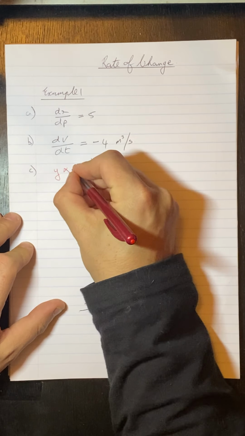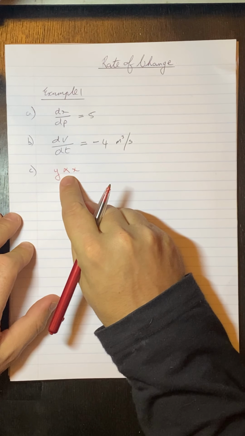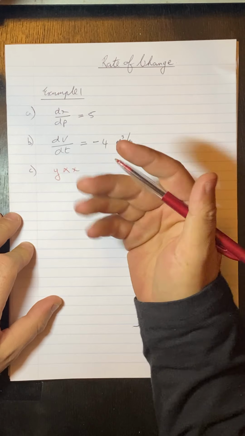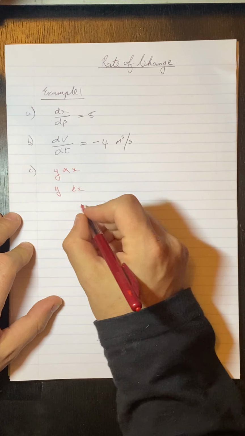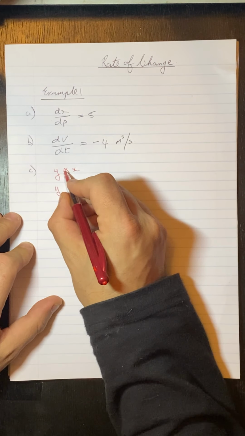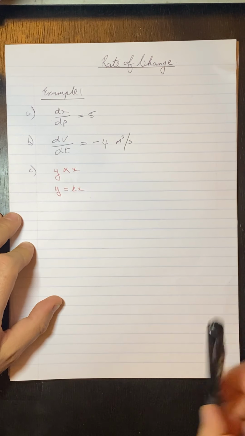So y directly proportional to x. Okay. Now to get rid of this proportionality sign, what we do is we introduce a constant of proportionality. So y is equal to kx. As soon as I bring in this constant of proportionality, this proportion sign will change to an equals. And that's what we're going to do here.